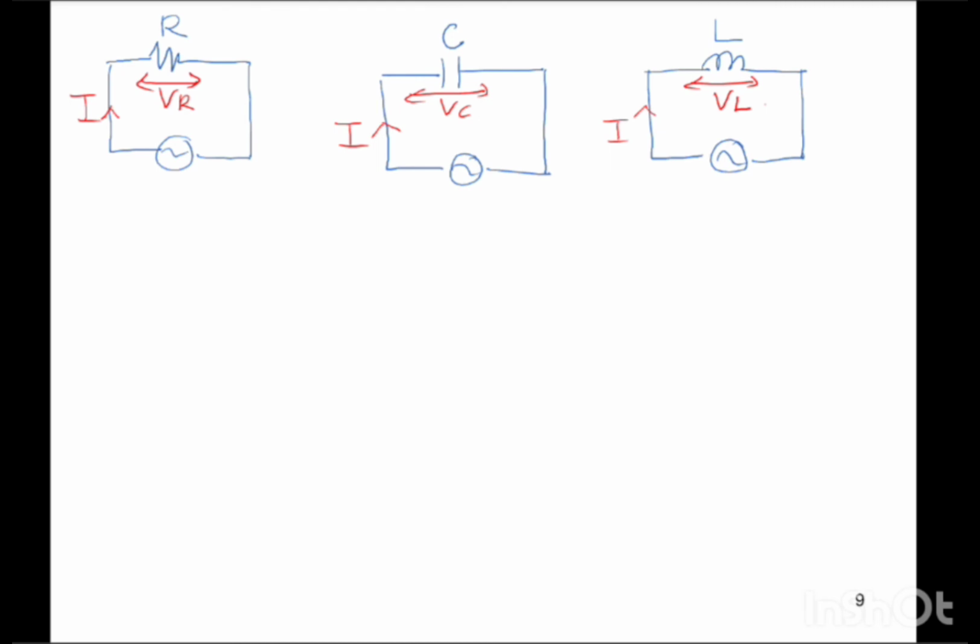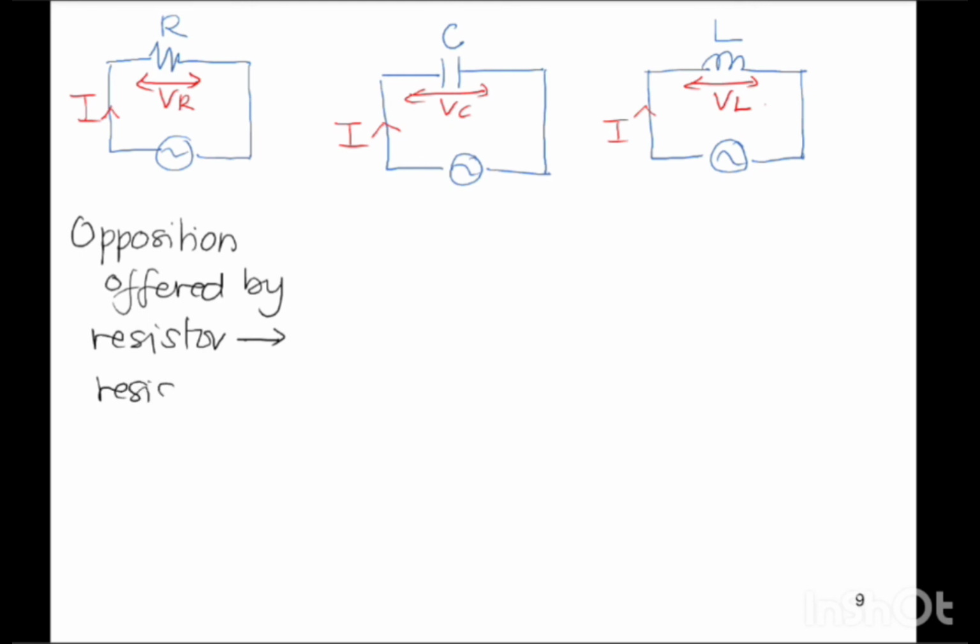So number 1, the opposition offered by a resistor is called resistance. The unit is ohm.